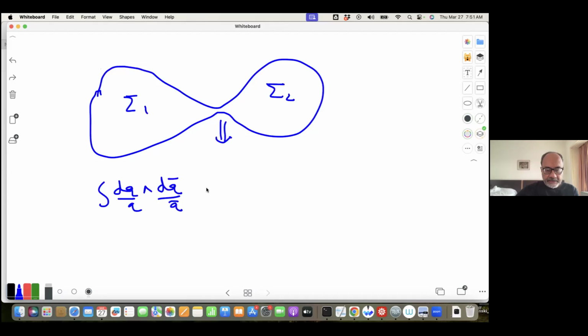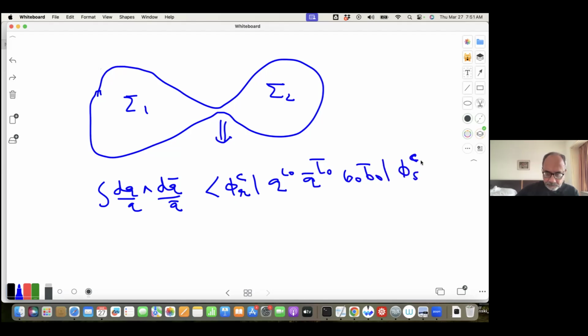And then we insert this object phi rc, q to the L0, q bar to the L0 bar, B0 bar, phi sc. This is a worldsheet procedure. In string field theory, you would have just gotten 1 over L0 plus L0 bar times the level matching delta function, but formally they are the same. And then we had said that on sigma 1, we have a phi r, and on sigma 2, we have a phi s.